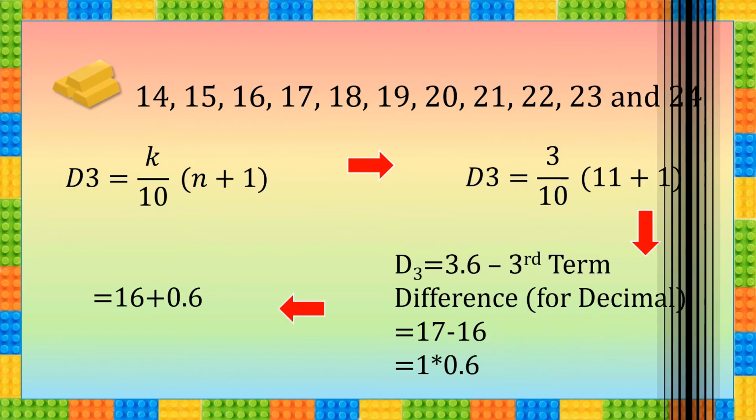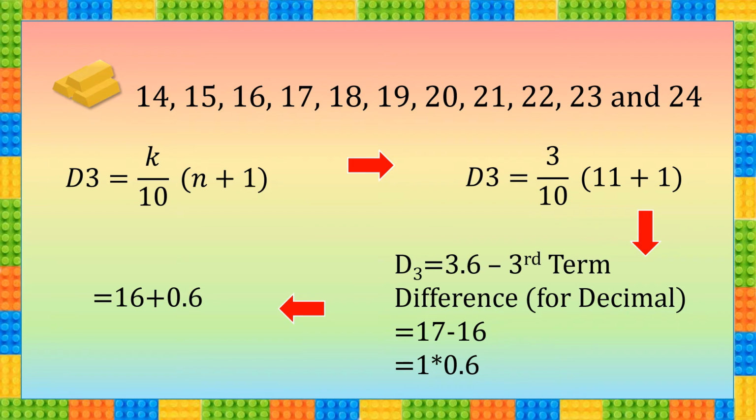Now, add 0.6 to our third term. Do you remember our third term? What is it? 16? Great! 16 is the third position, and by adding it to 0.6, we will get 16.6. The decile 3 is 16.6.